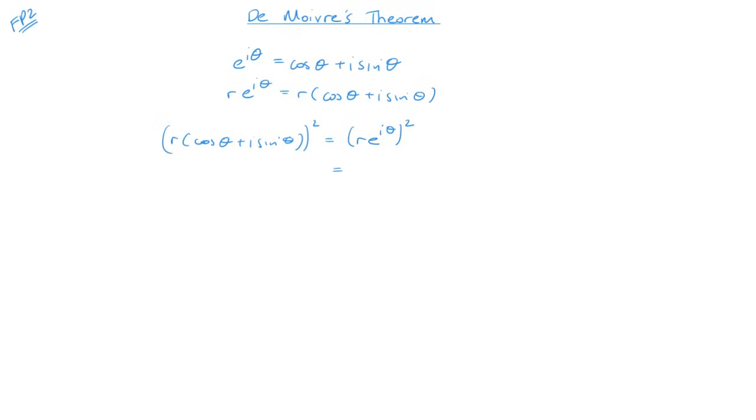Which is r squared e to the I 2 theta. Now, because squaring this squares that, squares this one.